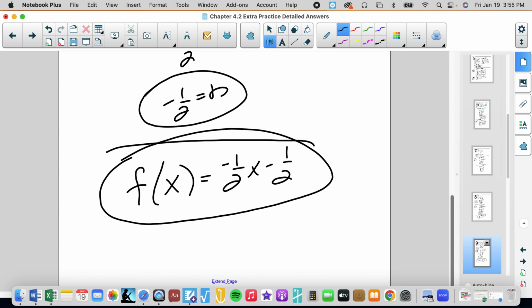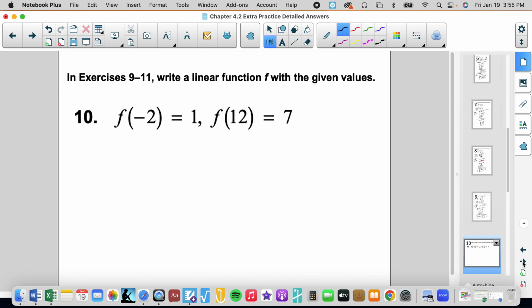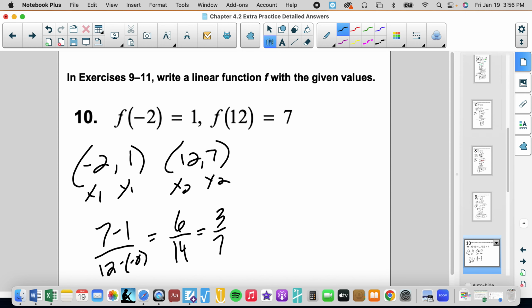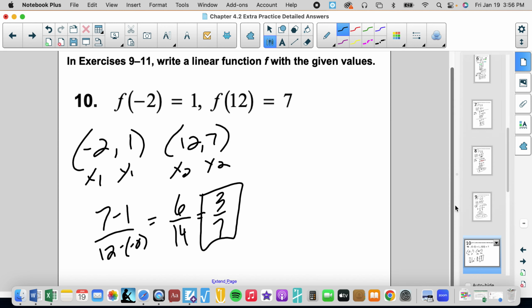f of x. Silly. Let's find the 2 points, (-2, 1) and (12, 7). x sub 1, y sub 1, x sub 2, y sub 2. We have 7 minus 1 over 12 minus -2, which is 6 over 14, which equals 3/7 as my slope. Let's take the point (-2, 1).